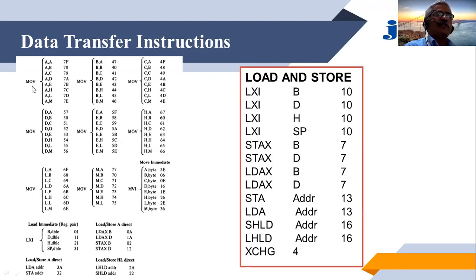For example, instead of writing move B to A, that is move the content of register B to register A, its hexadecimal equivalent is 78. So we could directly write 78, and it is easier for the machine to interpret 78 instead of move B to A. So we will write, keeping this chart in front of us, the basic conceptual programs for the 8085.